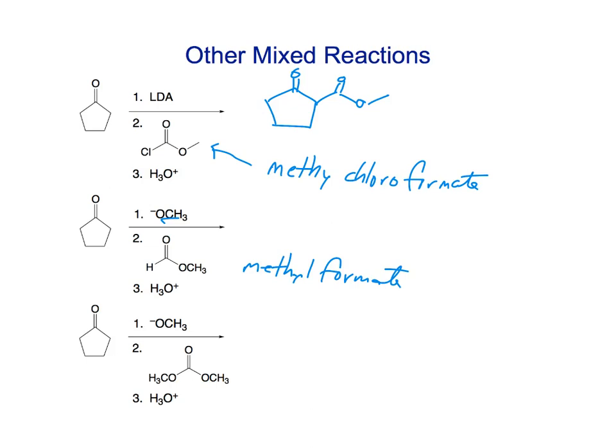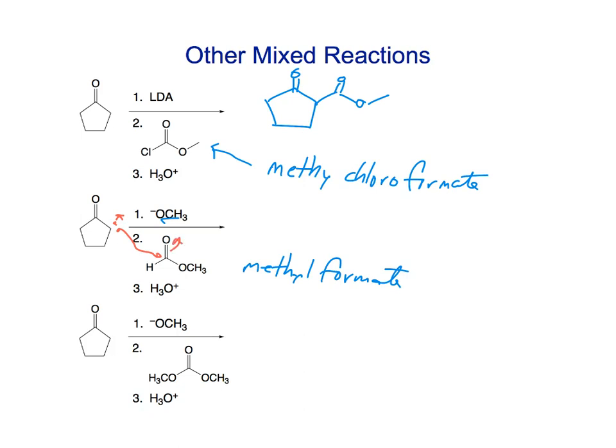Okay, so what kind of a product do you think we'll get on this one? Not the alcohol, actually. So, let's draw the intermediate first. Okay, so we're going to deprotonate here. So we're going to form this enolate. This is going to attack the carbonyl carbon.